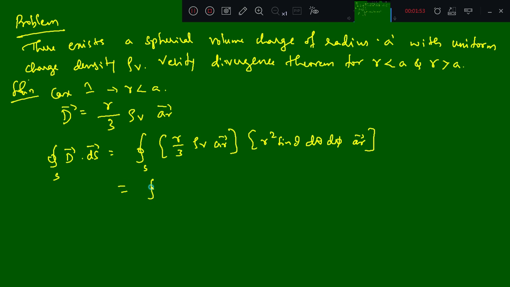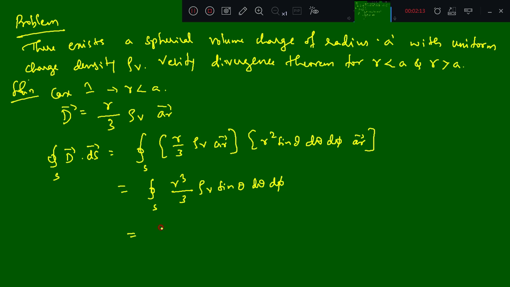So it is the surface integral of r cube divided by 3 rho V into sin theta d theta d phi. So this value remains.